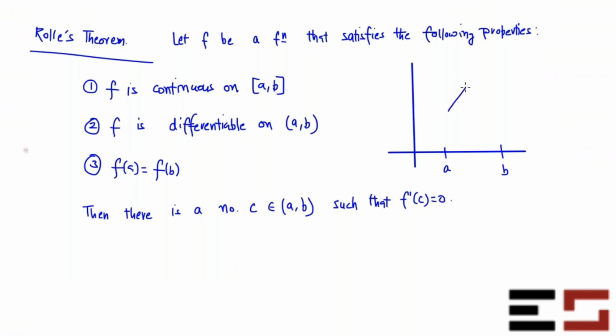That means when I draw the graph, I also avoid kinks. So it has to be smooth on this interval. And I also assume that f of a is f of b. So the function takes the same value at a and b, and must pass through these two points.